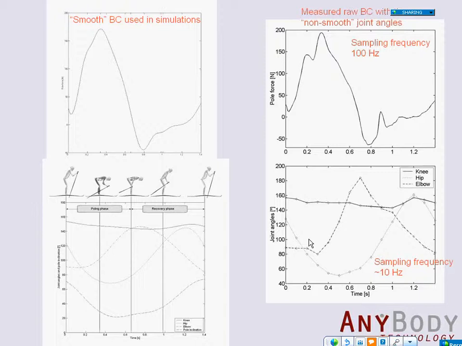The two pole force peaks, as you can see on the top right here, just don't have enough corresponding motion data. There's a small twitch in the elbow angle curve here, but not enough, as you see.